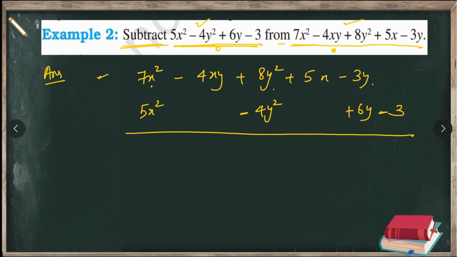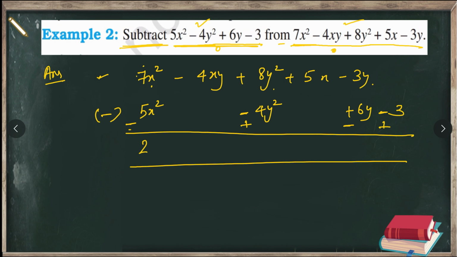Now let's draw this line. Now we are going to subtract the terms. When you are subtracting, the signs of all the terms will be reversed, so this will become minus, this will change to plus, this will change to minus, and this will change to plus. So here we have plus 7x square. Now we'll consider only the sign written below. We have plus 7 and minus 5, so 7 minus 5 will give us 2x square. We don't have any xy term here, so we'll write this term as it is, that is minus 4xy.